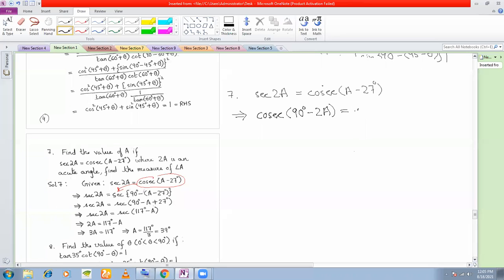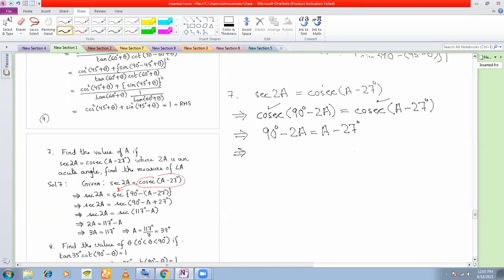And I keep the other one as it is. Okay. Now on both sides, I have cosec. That means now I can write 90 degree minus 2A is equal to A minus 27 degree. That is what I can write. Now this is a normal equation, a simple equation, which you can solve. Again, I am warning you, do not cancel these two cosec. Okay.